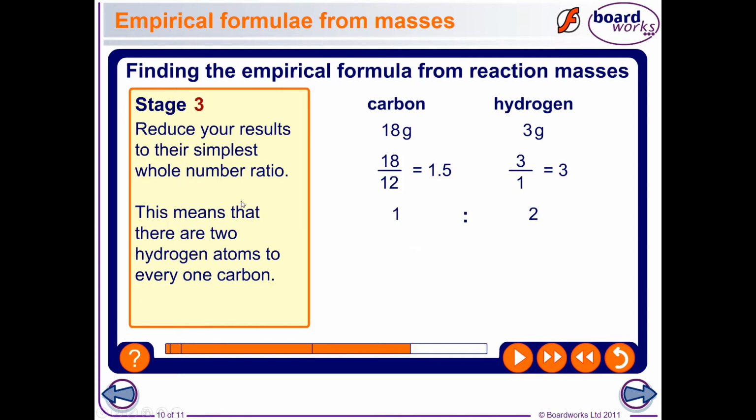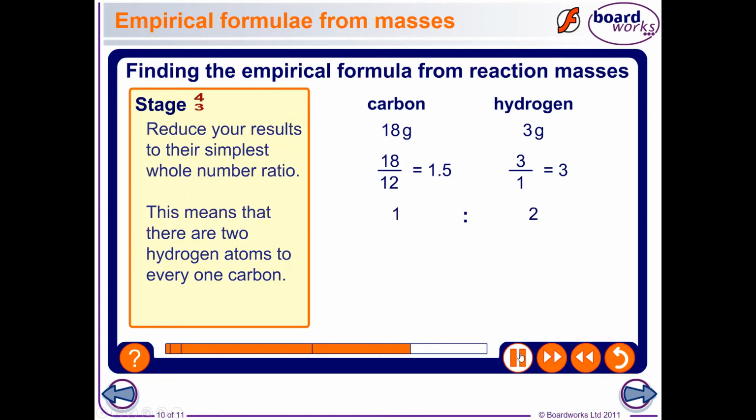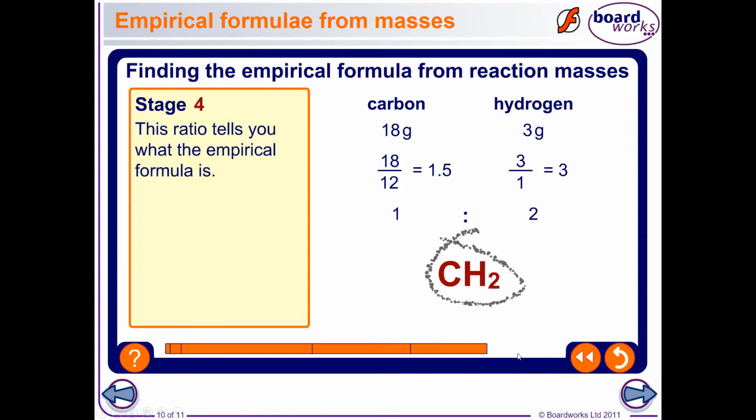So we know now that the simplest ratio of these 2 elements is in fact a 1 to 2 ratio. So this means that there are 2 hydrogens for every 1 carbon. And therefore the empirical formula must be C1H2, and we would just write that as CH2.